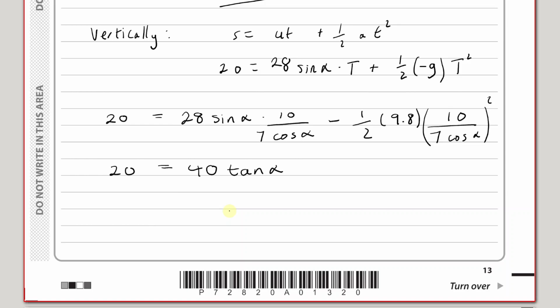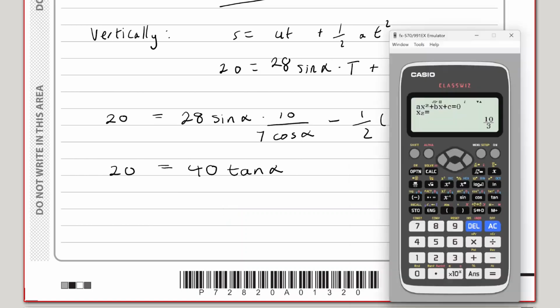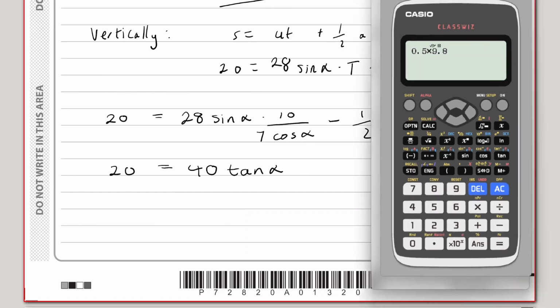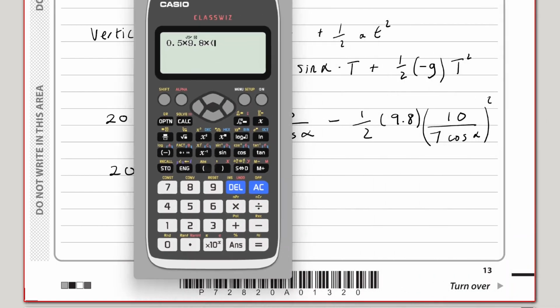Half of 9.8, let's use the calculator. So half of 9.8 times 10 over 7 squared is 10.